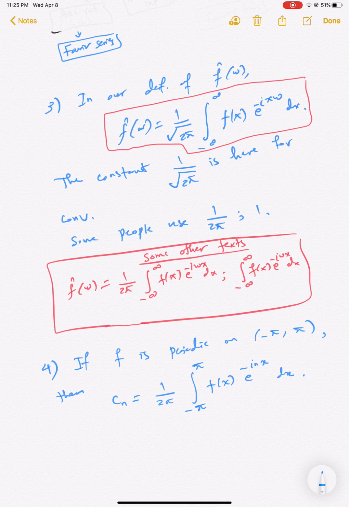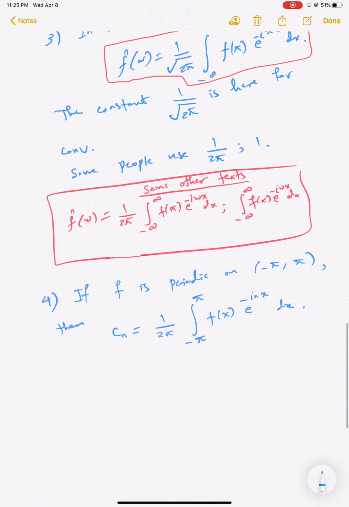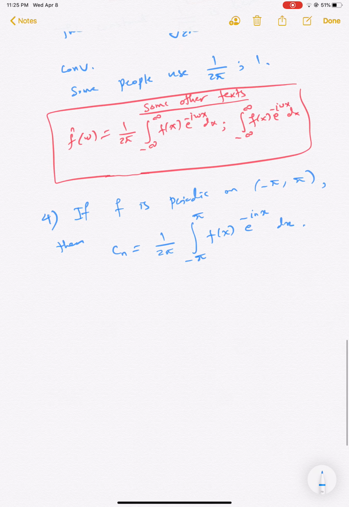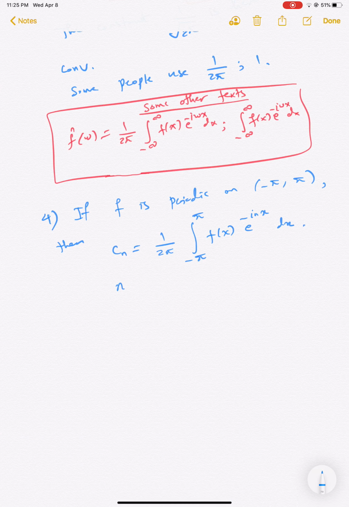Then look at the integrand. Both of them have f of x e to the minus i n x dx. Now, what's the difference between n and w? The n in the complex Fourier series is any integer, so n could be positive or negative numbers.